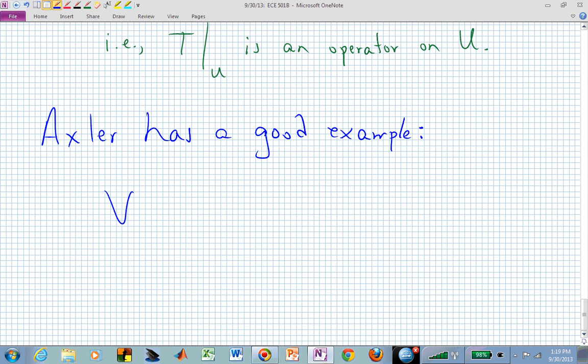Suppose that we're starting with a vector space V of seventh order polynomials, and everything is over the real number line R. And suppose that the linear map T is actually this differentiation operation.